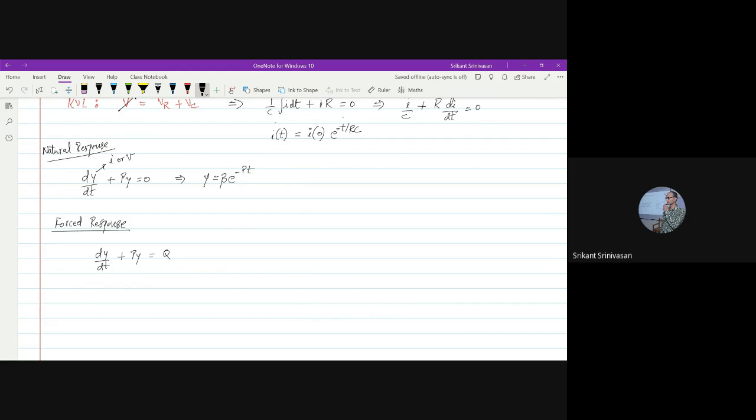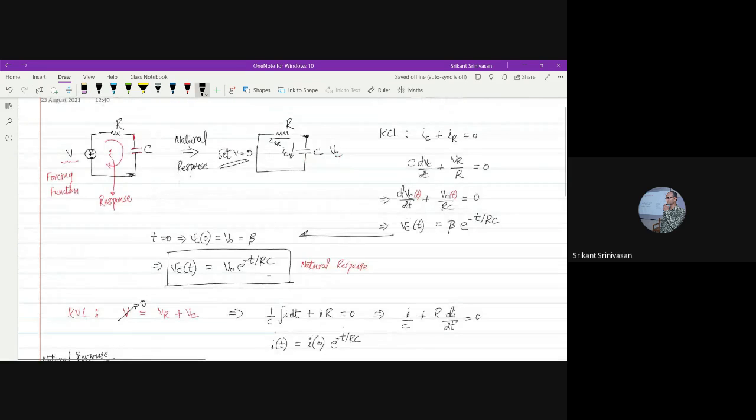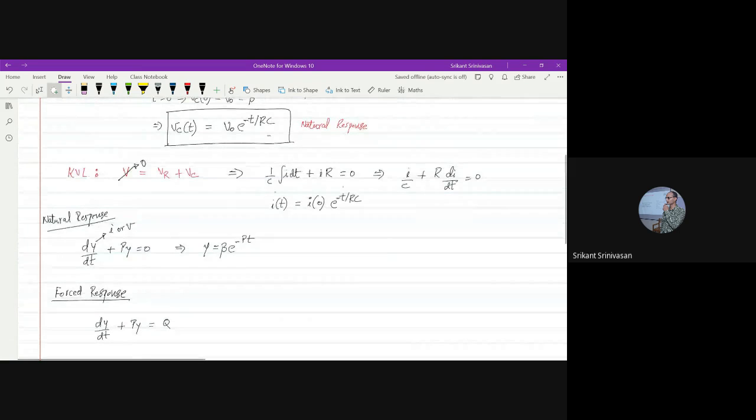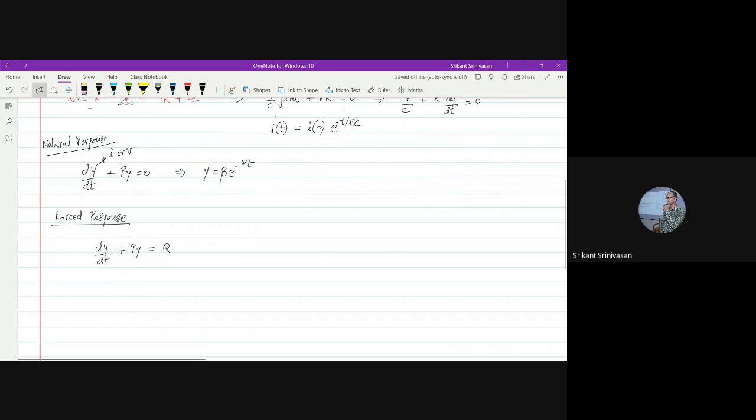Like you saw in the earlier case, I had the RC circuit. The differential equation for natural response, I set v equal to 0. If I want the forced response, then I have a forcing function v. So that v will come into the equation. We wrote the equation here. According to KVL, I have some voltage VR, some voltage VC, and the sum of them is equal to the applied voltage V. So if I'm considering that applied voltage V, that is that Q over here.